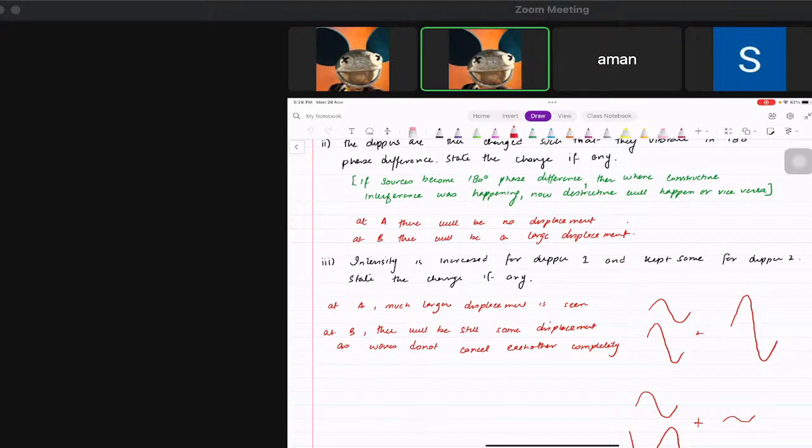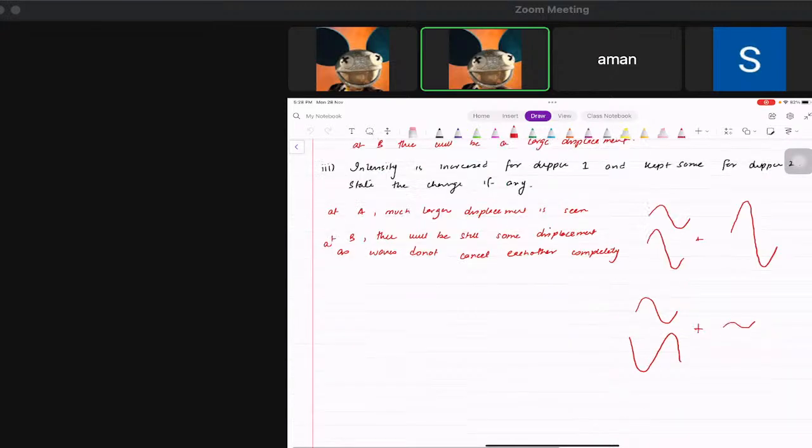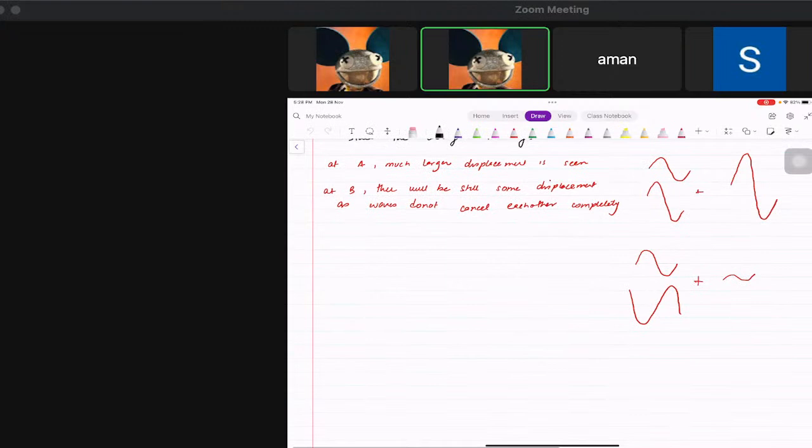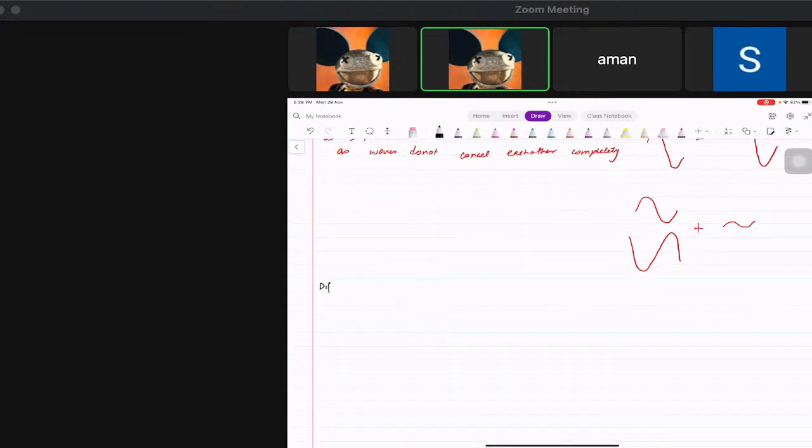Now today we are basically going to start with the final thing from this chapter, which is called the diffraction grating.